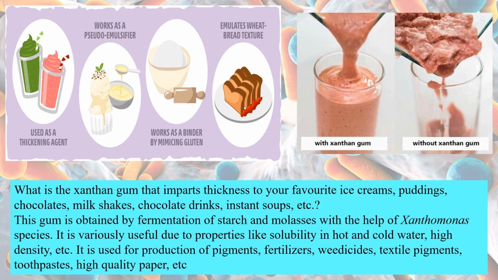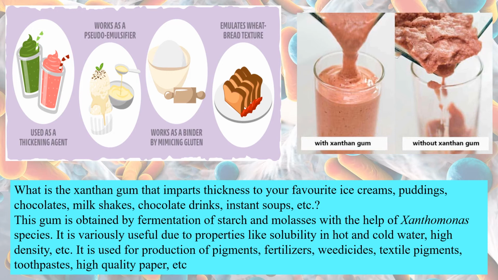It is variously useful due to properties like solubility in hot and cold water. Okay, you can use it because it works easily at both temperatures. Suppose if something hot has to be made, like while making ice creams, that time it could be used, and while making milkshake when the temperature is low, that time also you can use it.